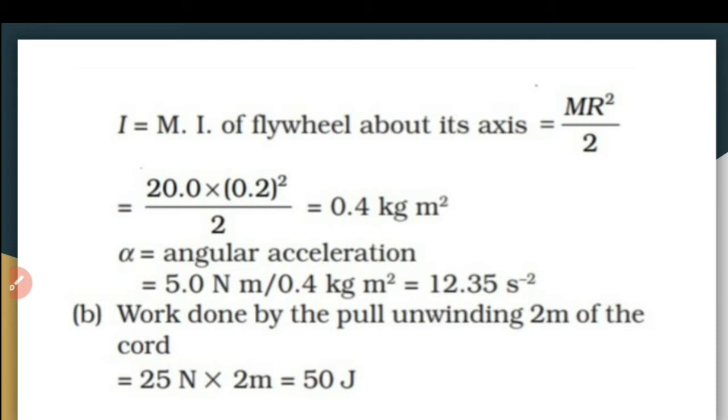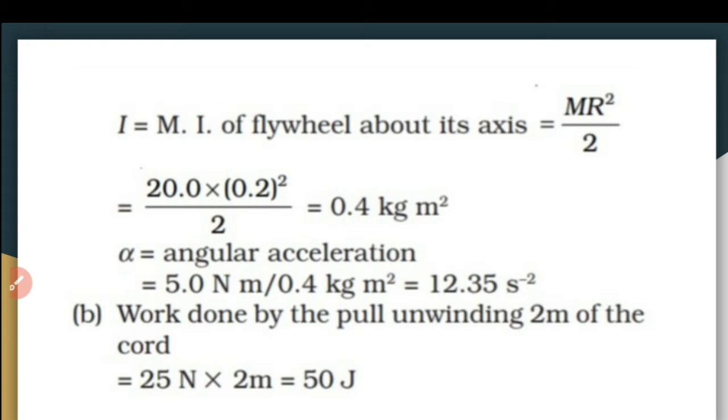The flywheel is a disc, so it is mr square by 2. So we have 0.4 kilogram meter square. Now substituting in tau equals I alpha, we have angular acceleration alpha as 12.5 radian per second square. That is the answer to the first question.